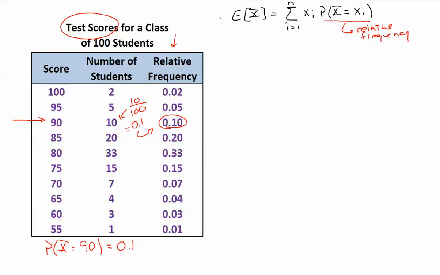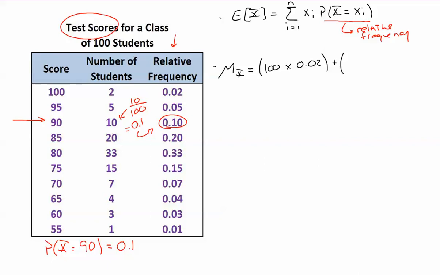So let's use our relationship in the upper right-hand corner of the page here to find the average or the mean value of test scores for this class of students. The mean value is just going to be a value of 100, that's x sub i in this case, times its relative frequency, 0.02, 2%. 2 students out of 100 made 100%.